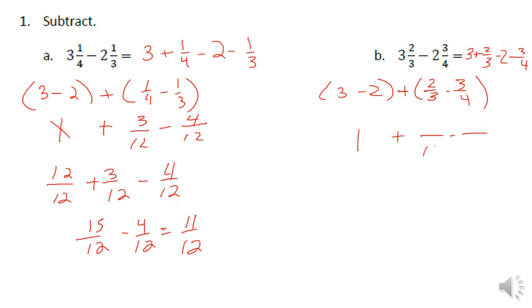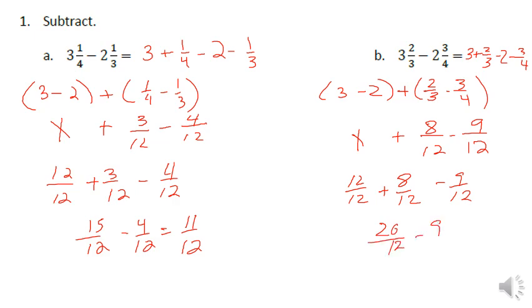We know our denominators are going to be 12, and 4 times 2 is 8, 3 times 3 is 9. Once again, we have to regroup, so we're going to change that to 12/12 plus 8/12 minus 9/12, which gives us 20/12 minus 9/12, which gives us 11/12.